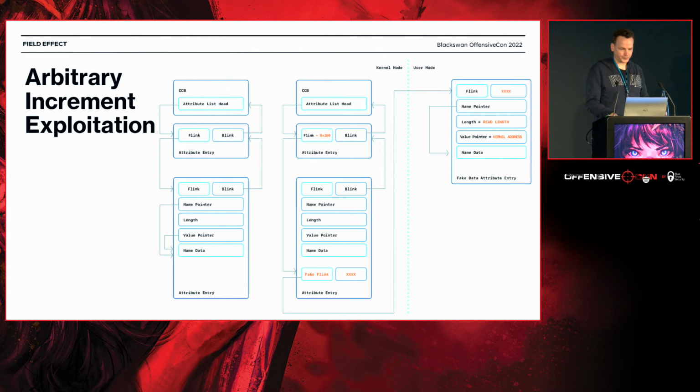And once we have the arbitrary read, we can leverage the arbitrary write in exactly the same way. There's no free primitive through the attributes, but we can go back and read out where the data queue entries are and increment one of those, and then we're back in the exact same scenario as the previous bugs.